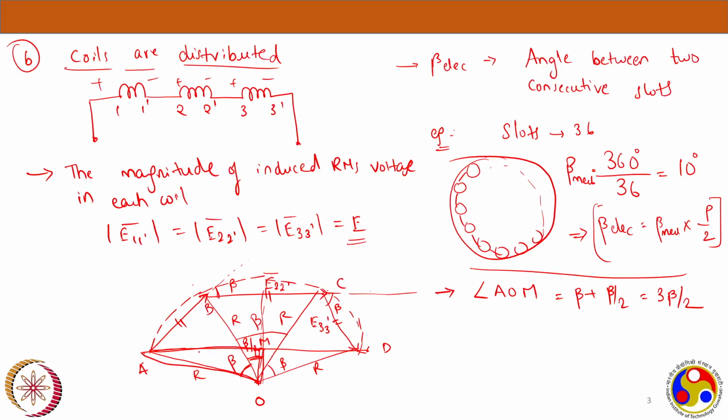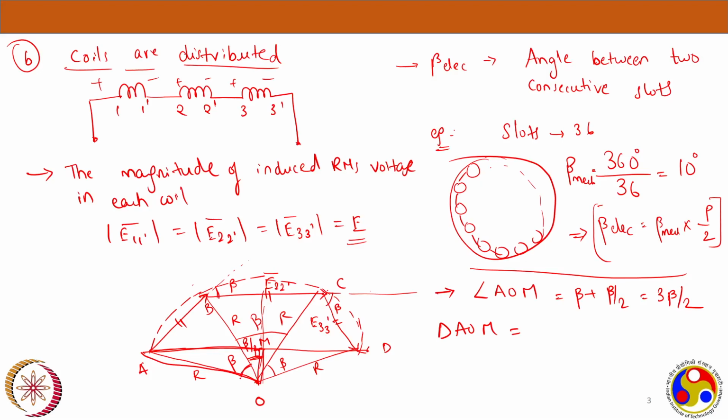So I'm trying to get the hypotenuse. We know the hypotenuse r and also this particular side. So then I can get the resultant here. Now from the triangle AOM, I know the hypotenuse radius, that is r, and I know the angle, 3 beta by 2.